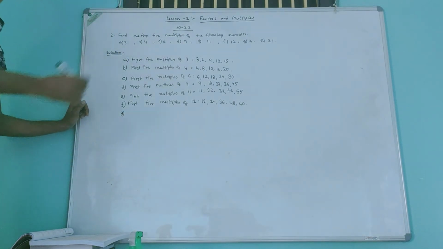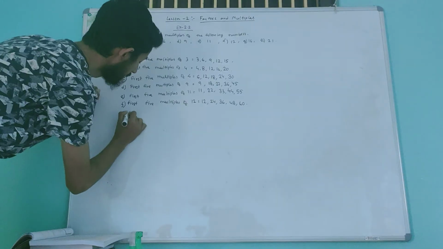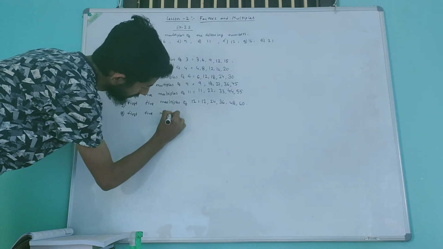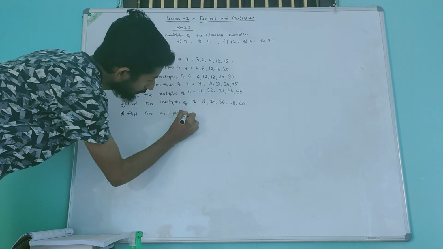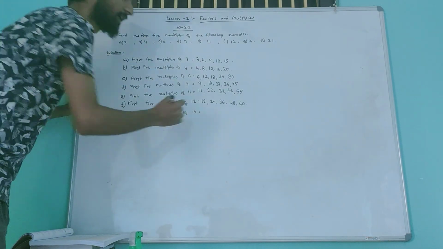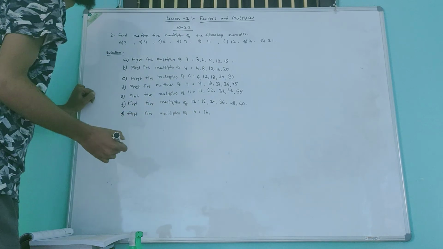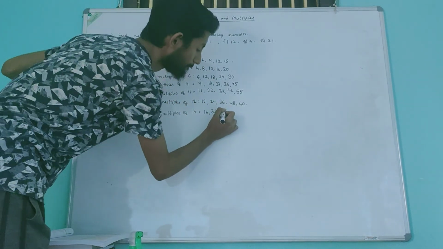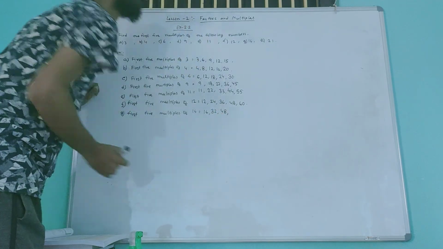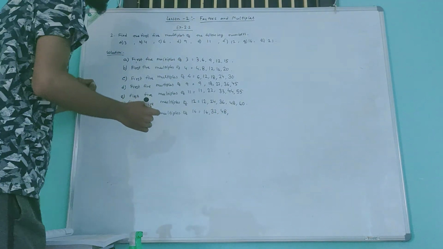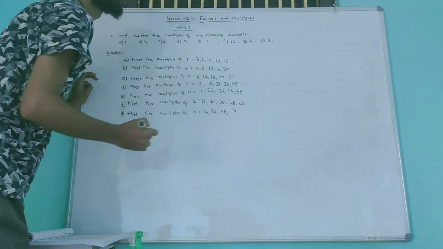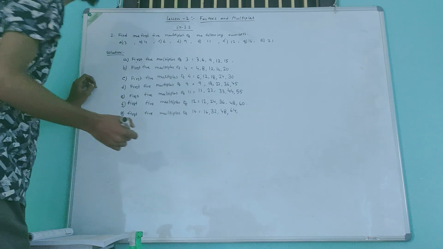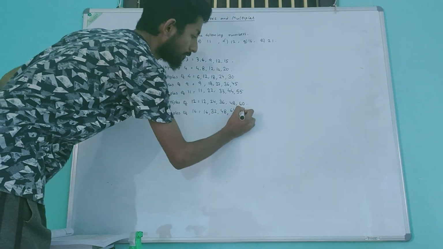G says 16. First 5 multiples of 16 will be 16 ones are 16, 16 twos are 32, 16 threes are 48, 16 fours are 64, 16 fives are 80.